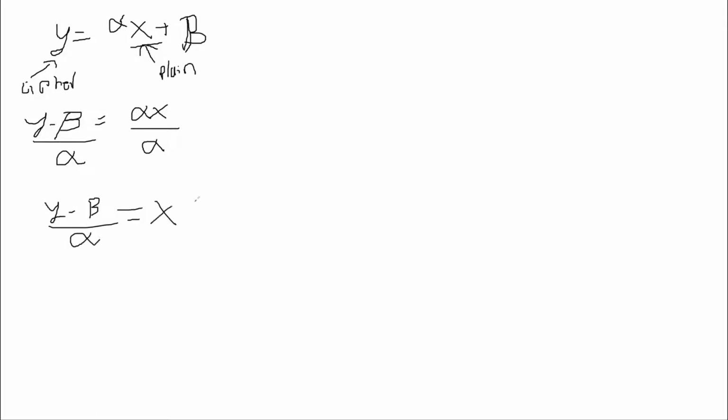So solving for x, you're going to get y minus beta equals alpha times x, and you're going to divide both sides by alpha. So you're going to get (y minus beta) over alpha equals x.